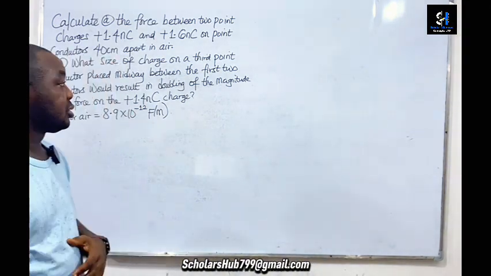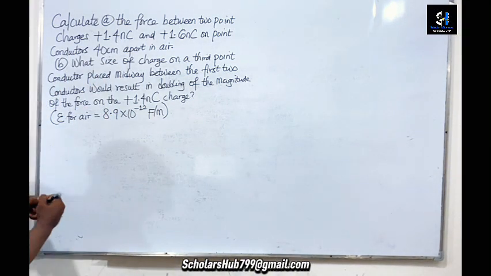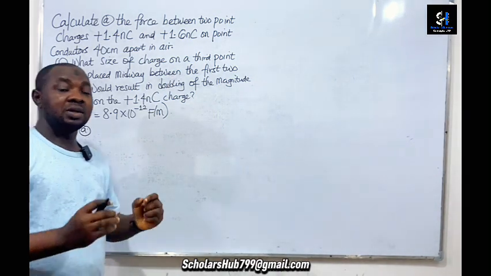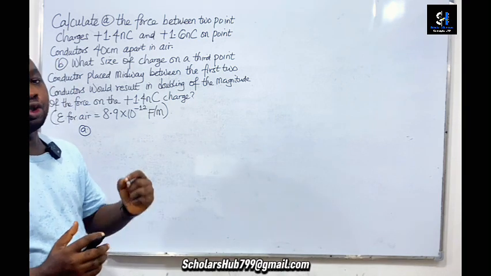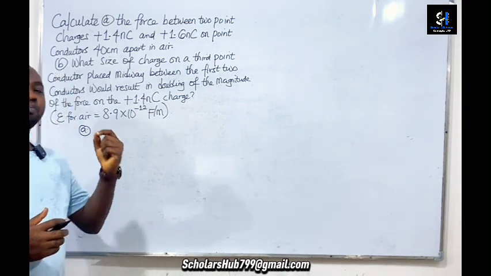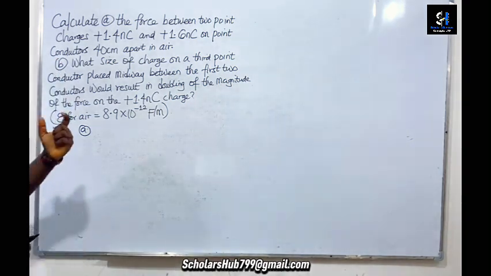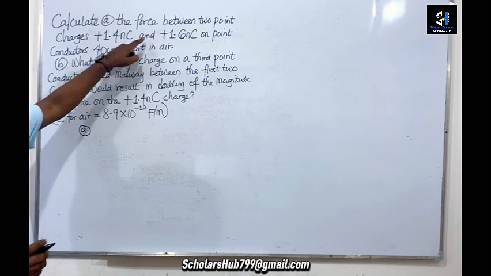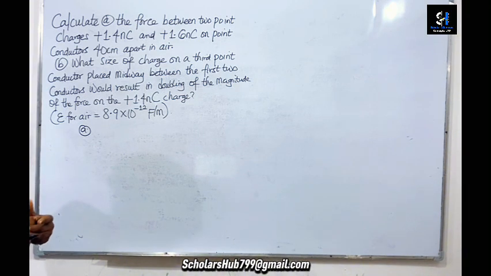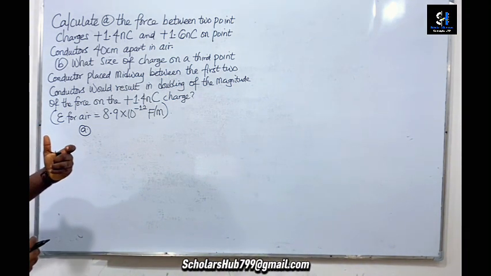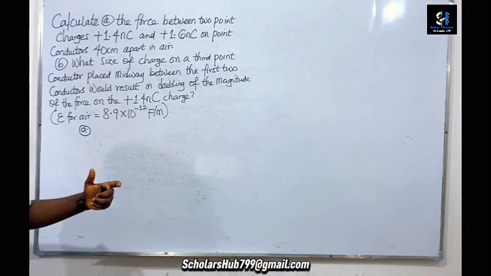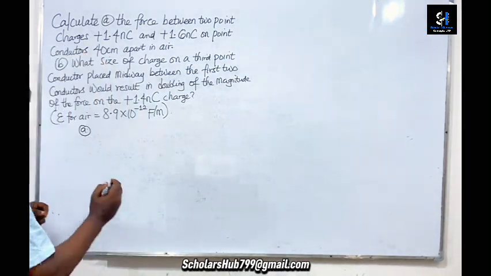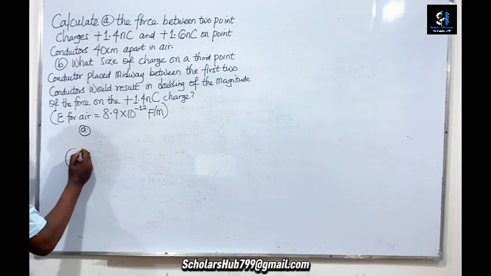So for the first question, that's A, our task is to calculate the magnitude of the force between two positive point charges of magnitude 1.4 nanocoulombs and 1.6 nanocoulombs, on the conductors, separated at a distance of 40 centimeters apart. So that means we have two conductors.